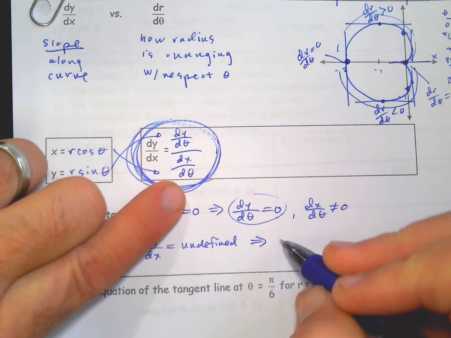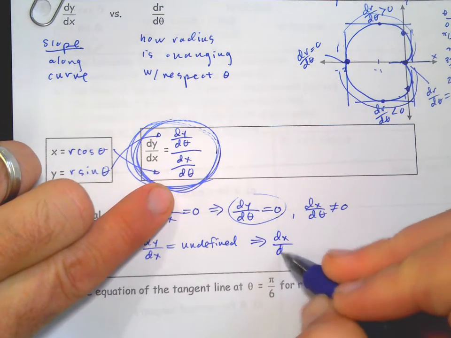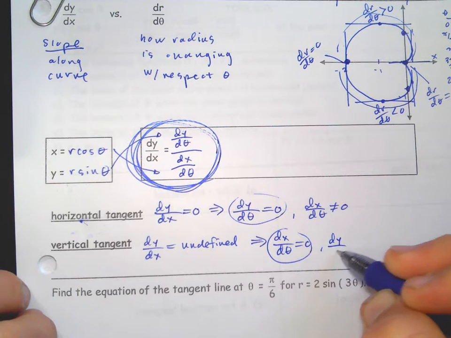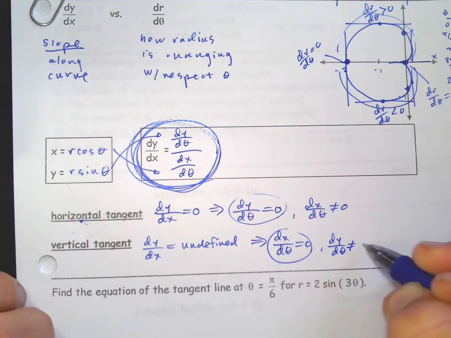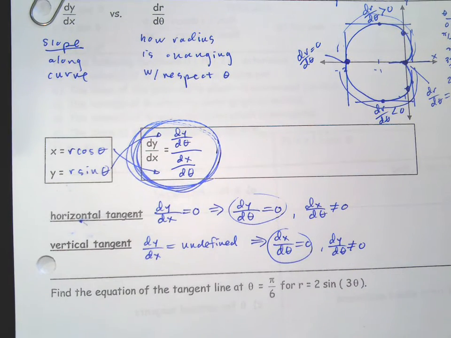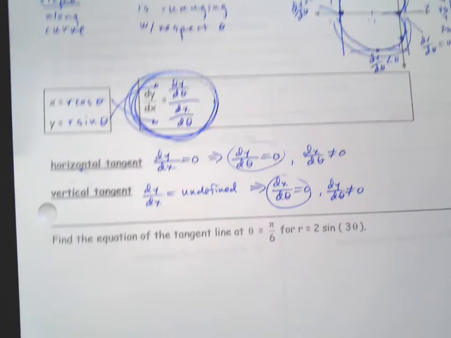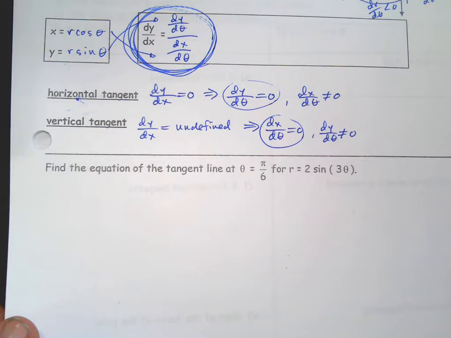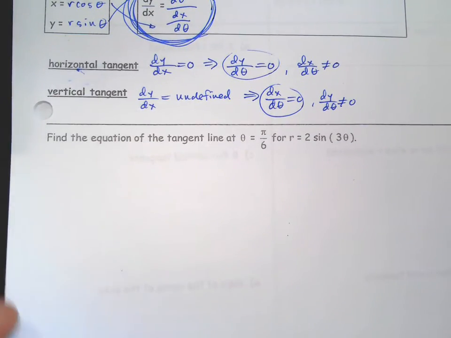Because it's being divided by 0, that means the denominator must be 0. And hopefully dy/d theta is not 0 at the same time, even though it could be. It just complicates things. I'll probably try and show you an example in the back of where that happens and how we could deal with it. We're going to use L'Hopital's rule for sure.